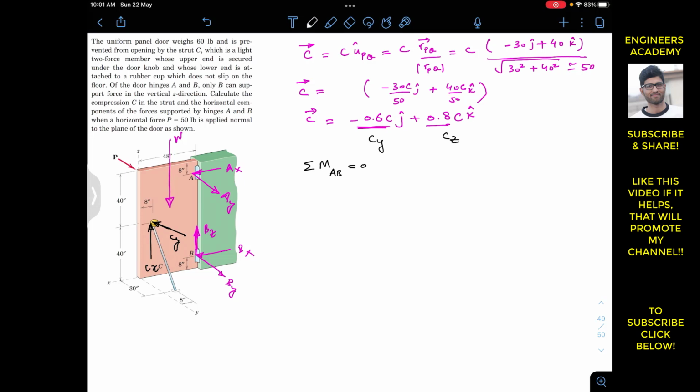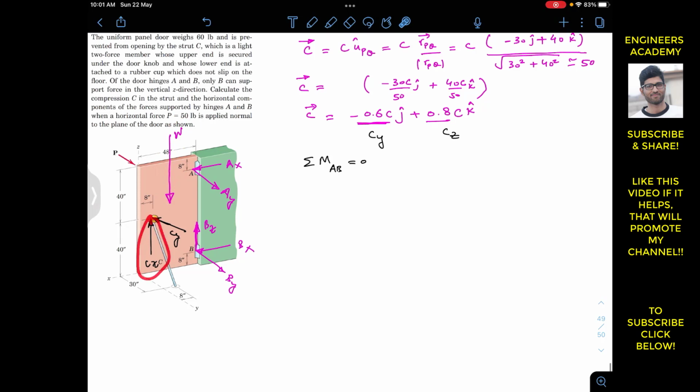All the reactions at A and B pass through the hinge axis, so they do not come into our equation. The weight is parallel to the hinge axis as well, so it does not produce a moment about it. Similarly, CZ is also parallel to the hinge axis, so it does not produce a moment. So only CY and the P force produce a moment about the hinge axis AB.